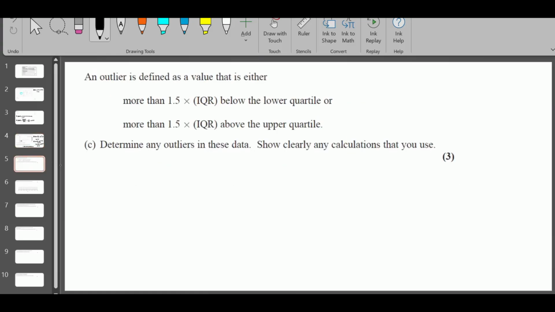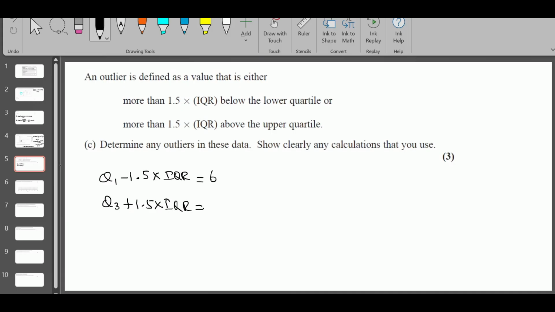Part C now. An outlier is defined as a value either more than this or less than this. So you need to find Q1 minus 1.5 times IQR, or Q3 plus 1.5 times IQR.